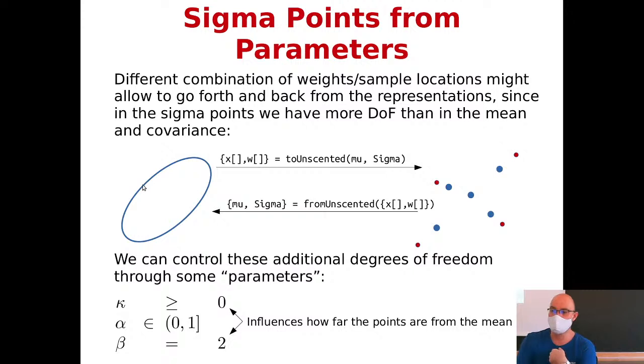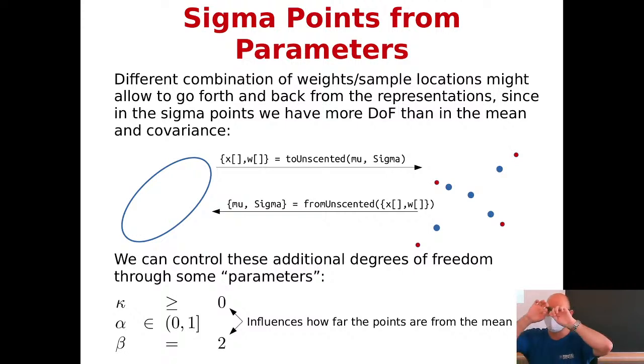I could represent the very same Gaussian by choosing points which are closer to the mean and have a high weight, or by choosing points which are further from the mean and have low weight, or vice versa.